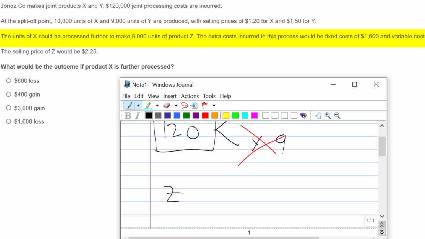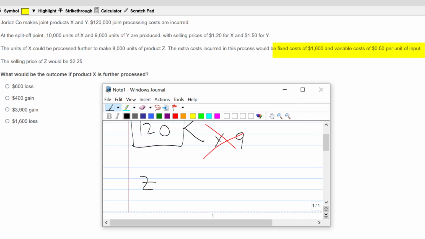We only earn revenue on 8,000 units. We also incur fixed costs, 1,600, and variable costs of 50 cents per unit input. Not output, but input. So that's the units before the evaporation.